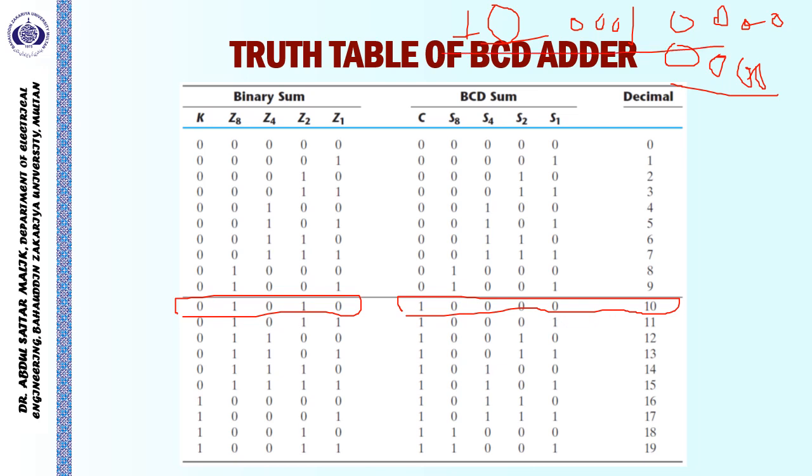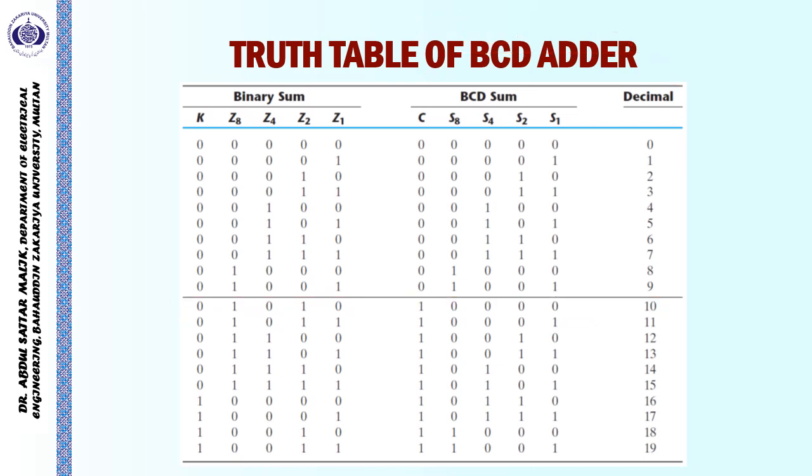So it means when we have a binary sum 10, its BCD equivalent should be 0, 0, 0, 1, and then 0, 0, 0, 0 for the next BCD digit.